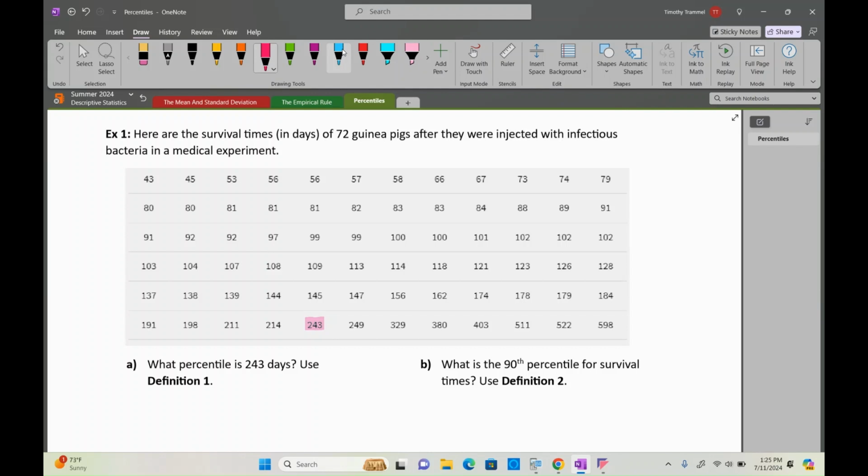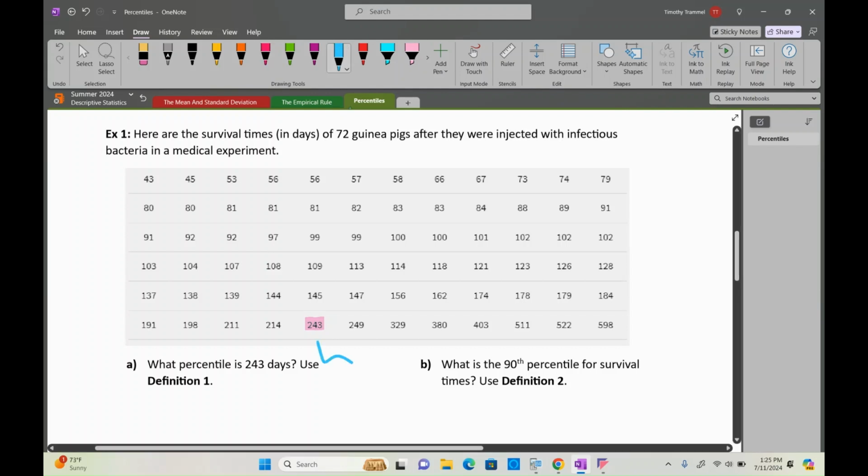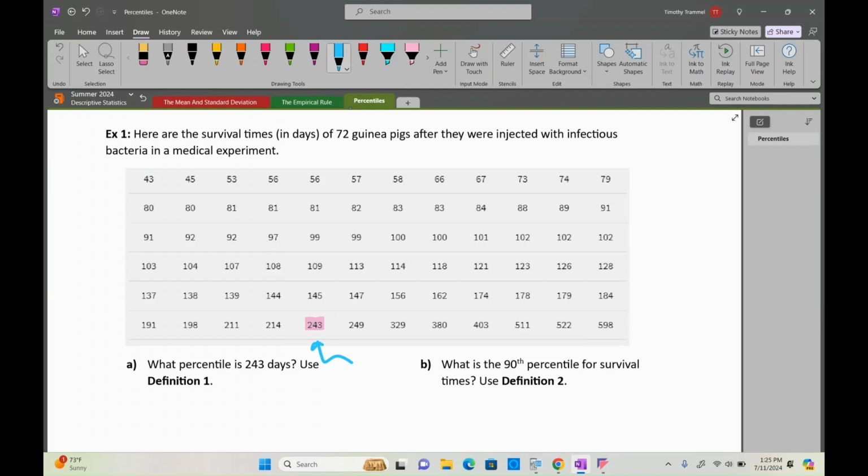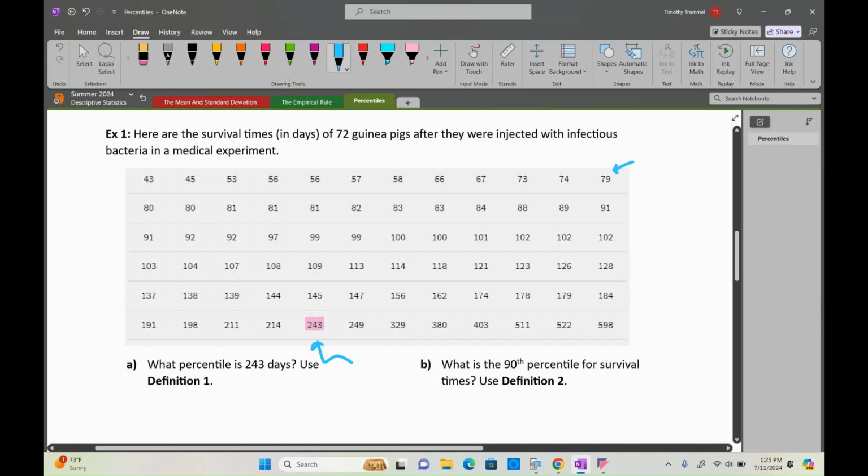What we need to do is just figure out what position this number is in. We want to know what percentage of our data are equal to 243 or less. Let's point out that this is going by 12.